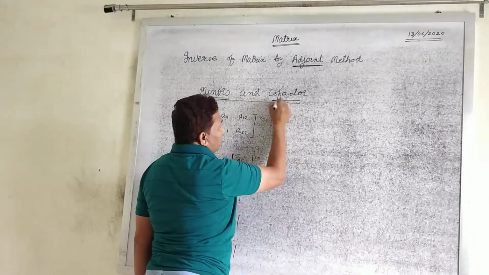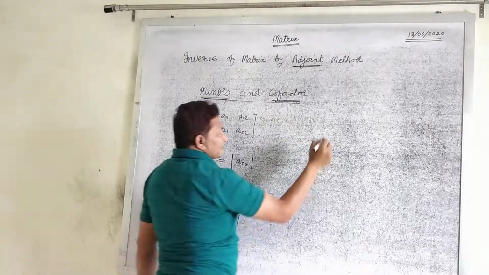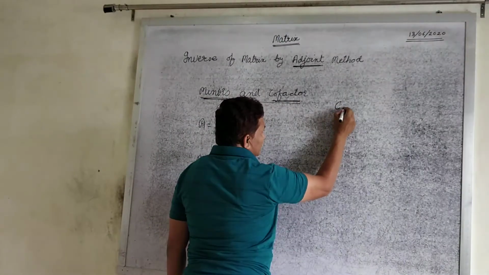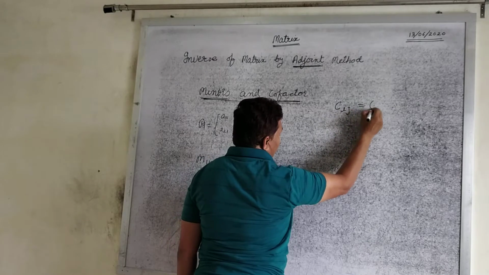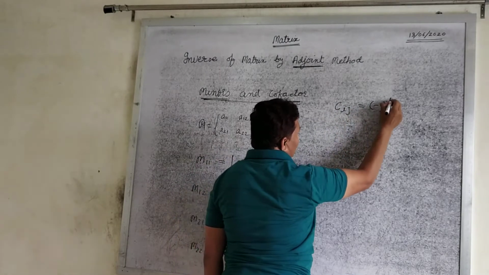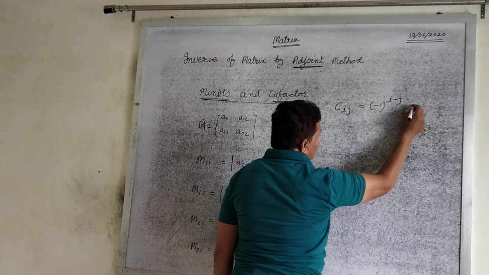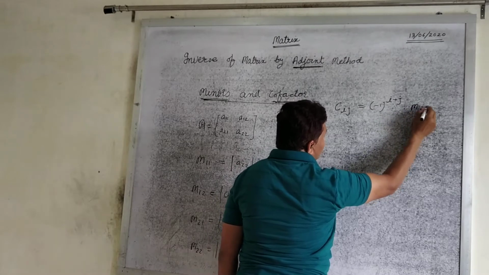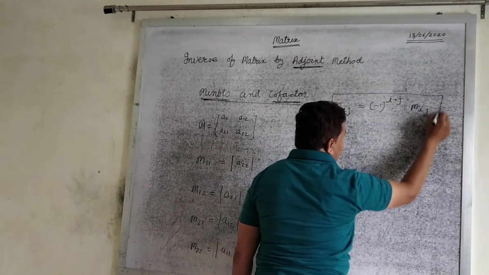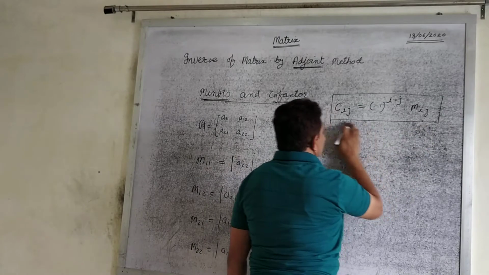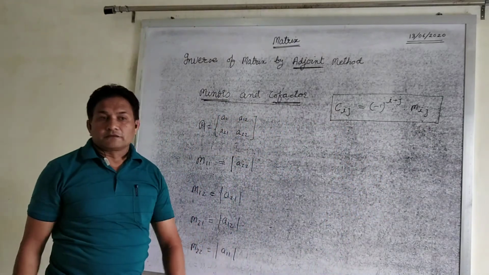Now find the cofactors. For cofactors, it is a simple formula. Cij is equal to minus 1 to the power i plus j into Mij. This is the formula we have to remember for finding the cofactors of the elements.